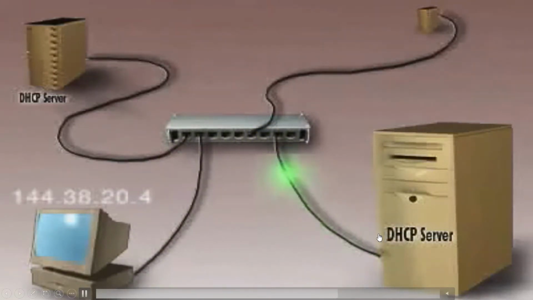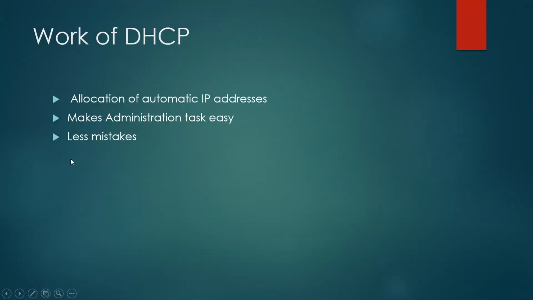The DHCP will now send all the details of the IP configuration to the host. In this way, the DHCP configuration has been established. Work of DHCP: DHCP is used for allocation of automatic IP addresses.